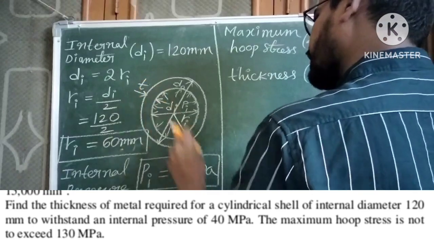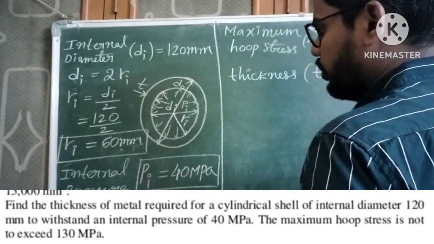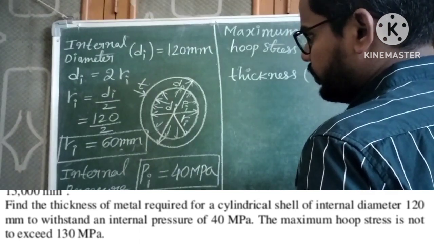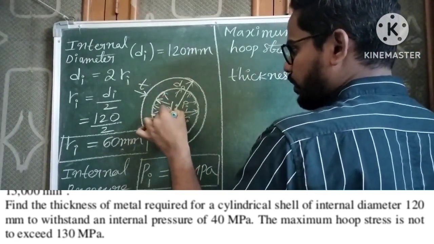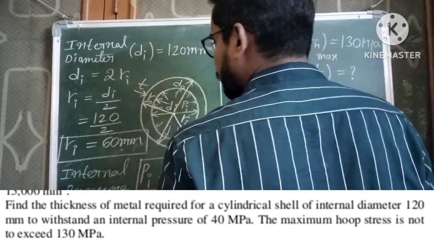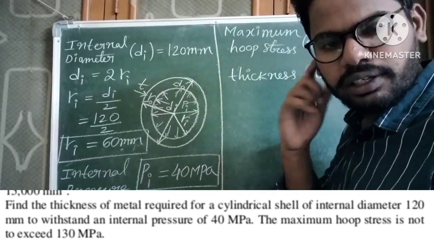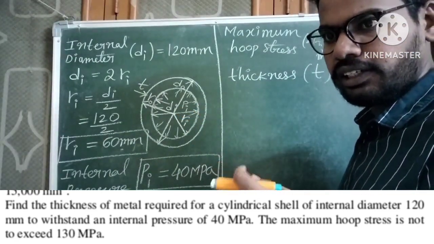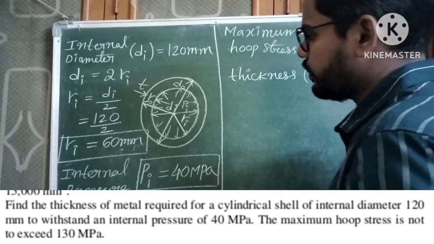How do we get the thickness from the outer diameter or from the radii? So outer diameter d naught and outer radius R naught. How do we get thickness from inner radius and outer radius?